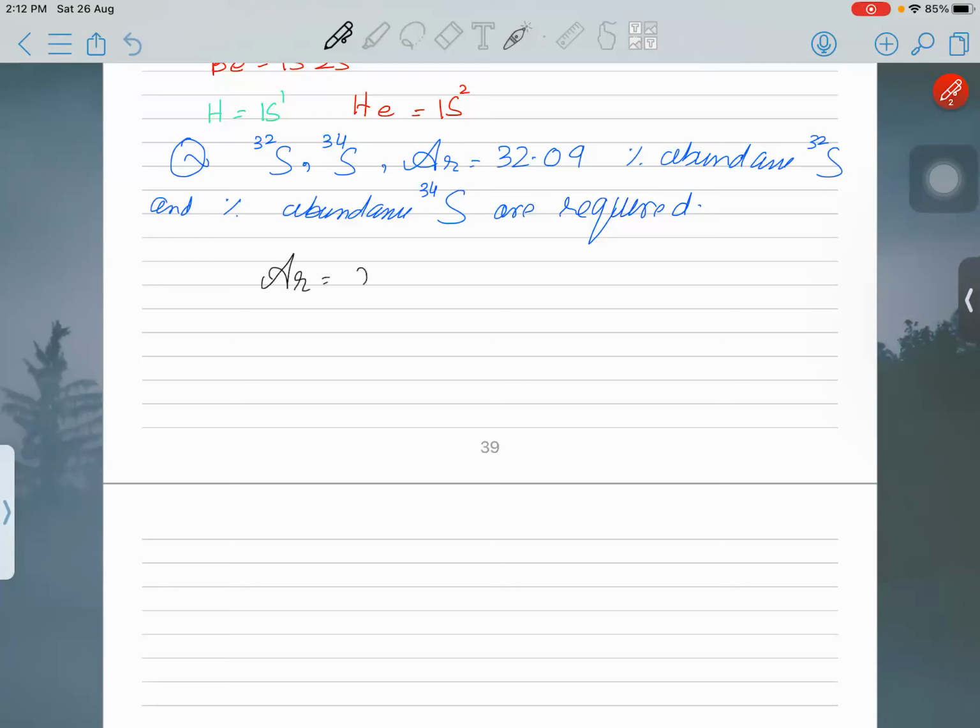Ar is equal to x1y1 plus x2y2 divided by 100.